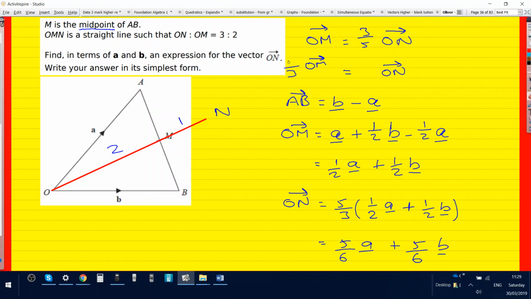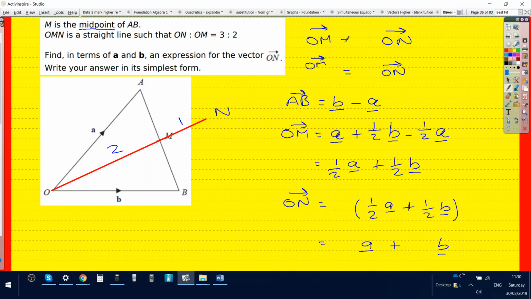Okay. And so what should it be then? O to M is equal to 2 over 3 ON, and O to N equals 3 over 2.